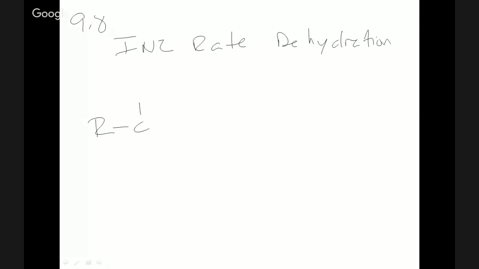We're going to see the same trend, just like we saw with elimination. We're going to see increasing rate of dehydration. Dehydration means we're losing water. It's elimination. Increasing rate of dehydration: primary, secondary, tertiary.